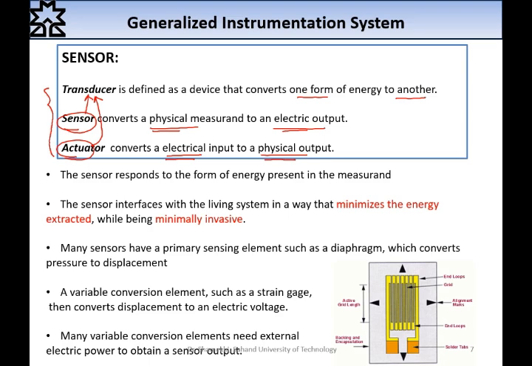We want to measure signals from our body, and our body is unable to give us a large amount of energy. Therefore, we should minimize the energy extracted from the body using specific sensors with minimum extraction of energy and also minimally invasive.